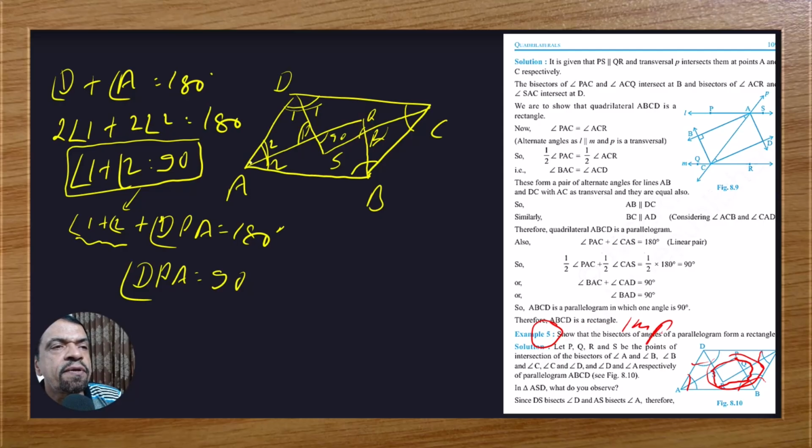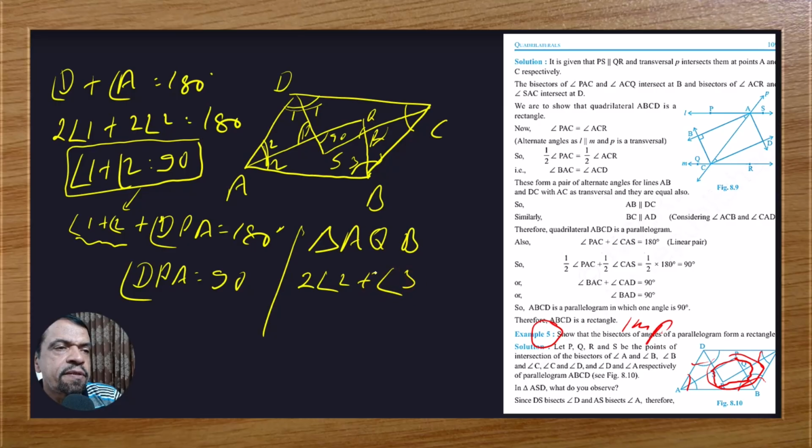And in a similar way we will take triangle AQB. This angle 2 plus 2, and this, suppose, 3 plus 3, they are bisected by the bisector. So double of 2 plus double of 3 is 180, again sum of the interior opposite angles.